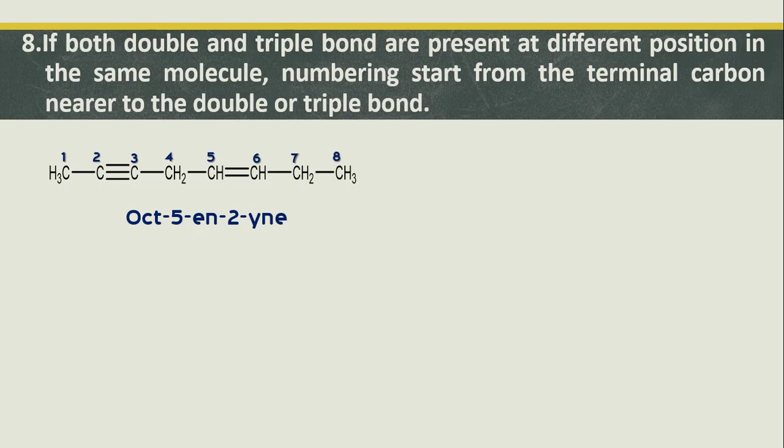Here "-ene" comes before "-yne" because it comes in alphabetical order before yne. So the name of the compound is oct-5-en-2-yne, and the terminal E of the "-ene" is replaced by yne. This rule we have already seen on the last point.